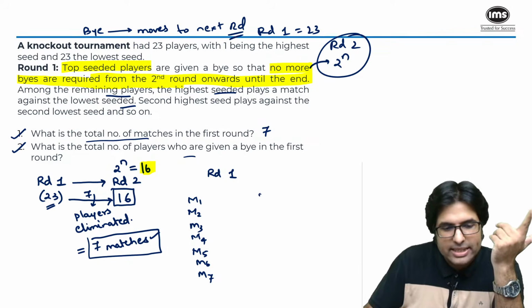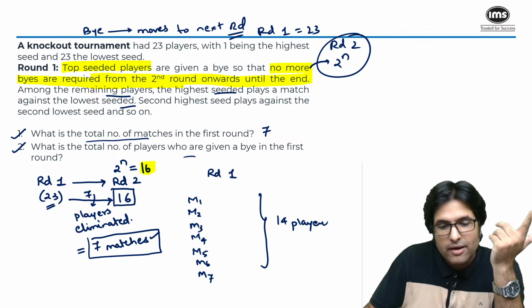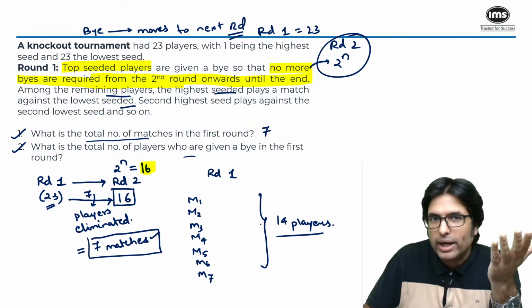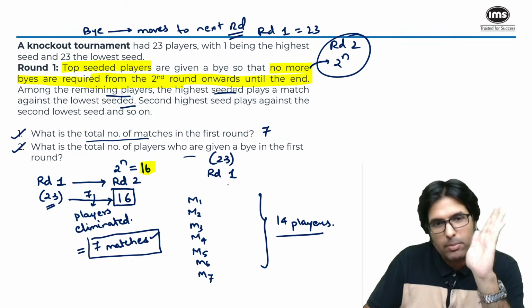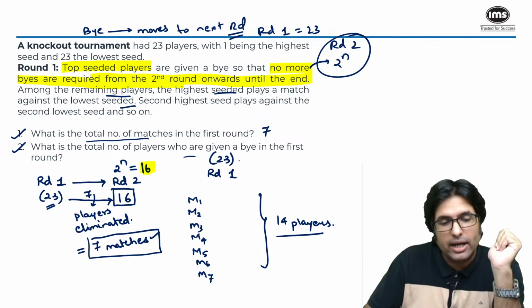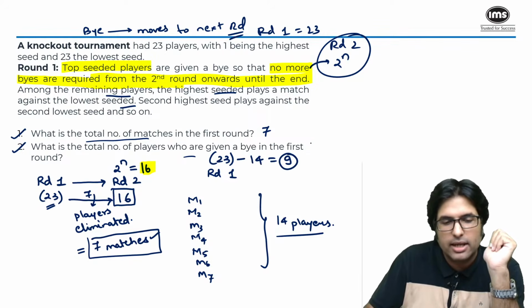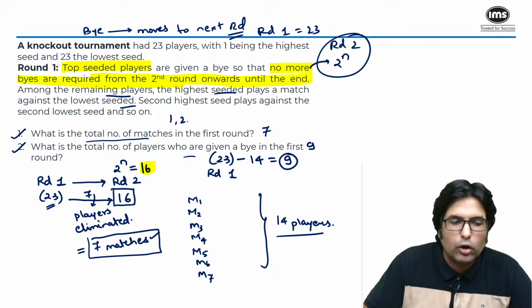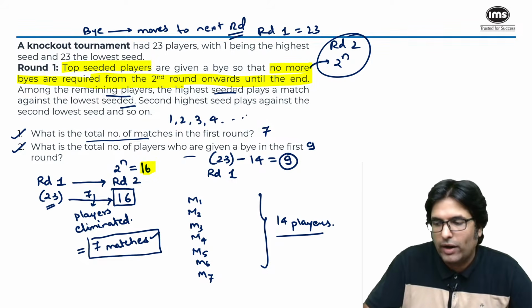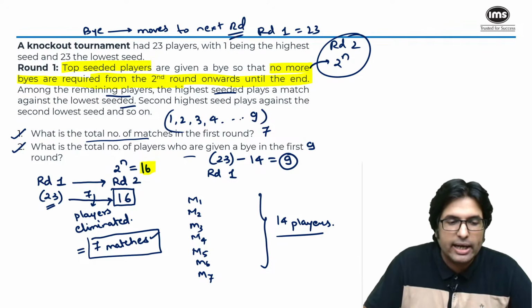So can I say these 7 matches would require 14 players to play a match, which means these 14 players are not going to get a bye. So in round 1 we had 23 players, 14 players are playing a match, so the rest of them are getting a bye. So 23 minus 14, can I say 9 players would get a bye? This is our answer for the second question. Just to understand this, think of it this way: the top 9 seeded players, 1, 2, 3, 4, 5 and so on, till 9, are getting a bye.